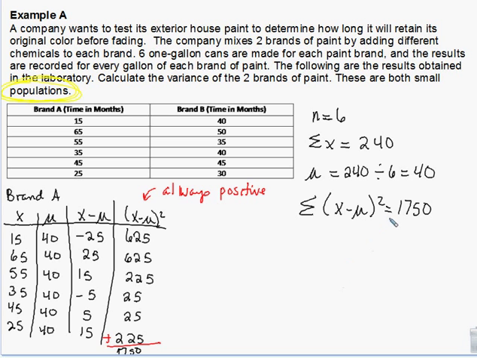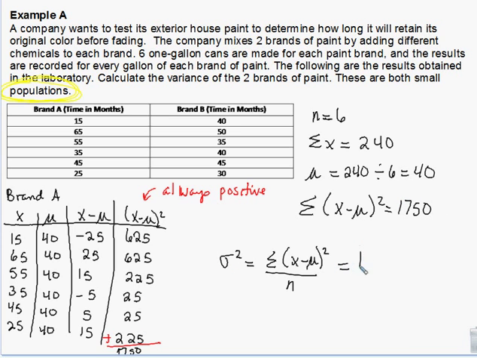Okay. Now, the variance is the sum of all of the squares of the differences between the data and the mean divided by the number of data points. I already have this sum because I made this table and I just added up the column.